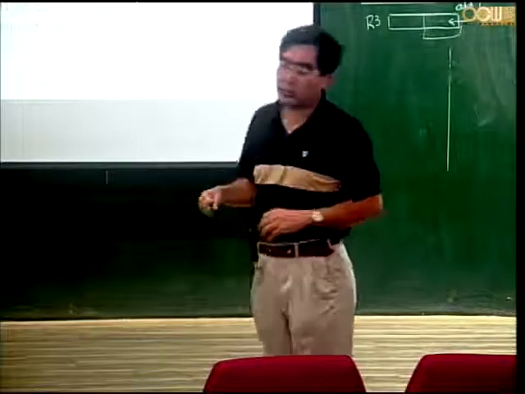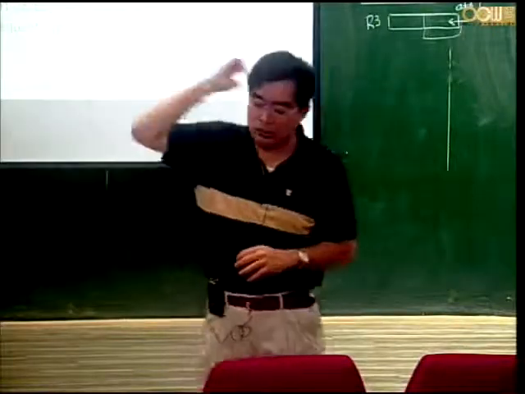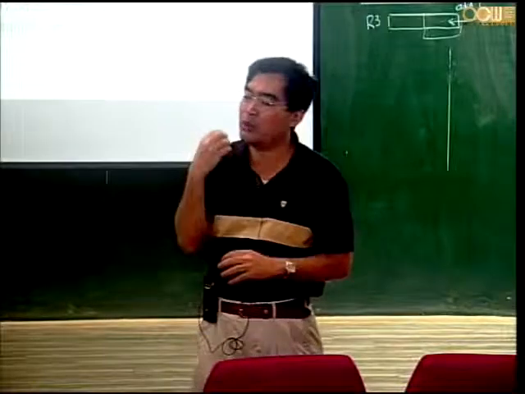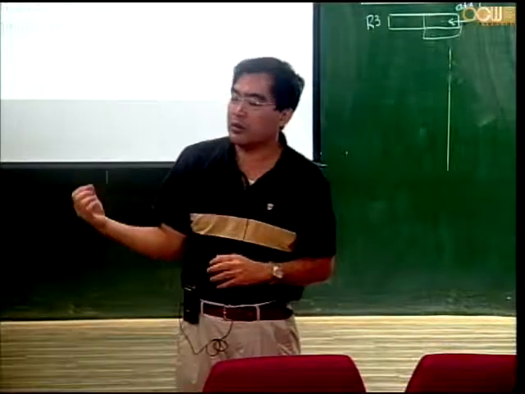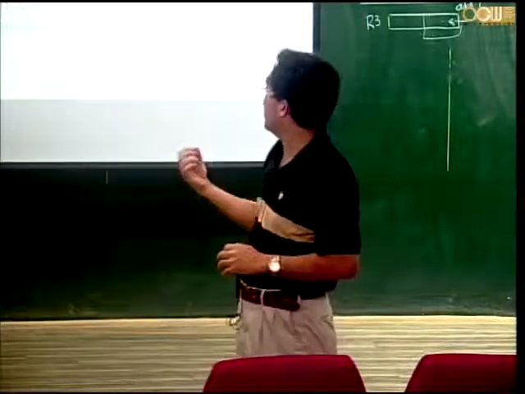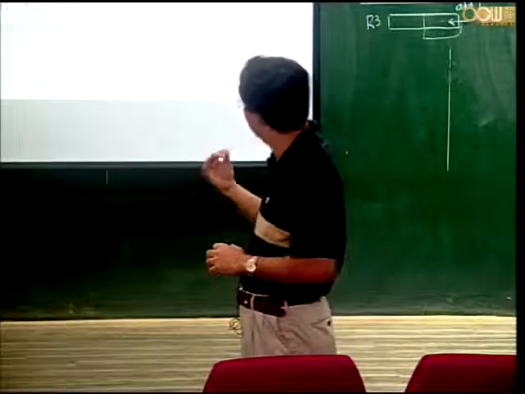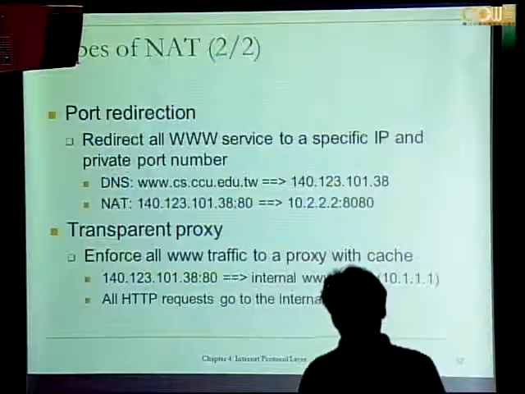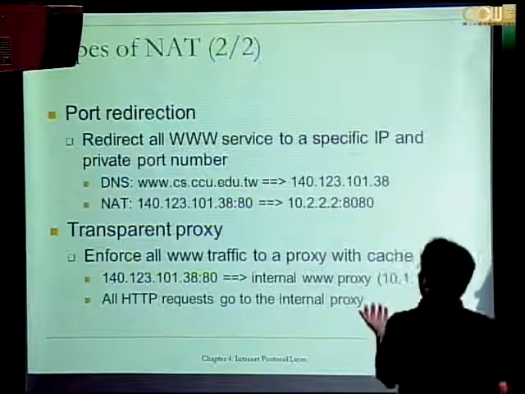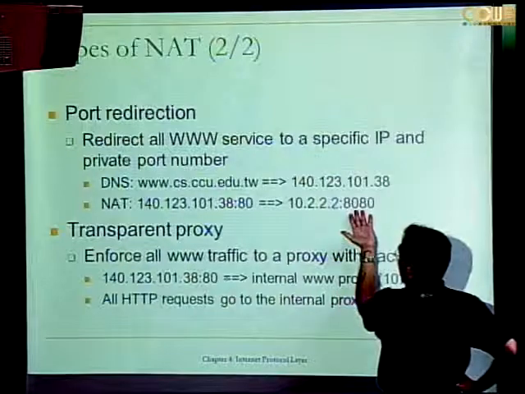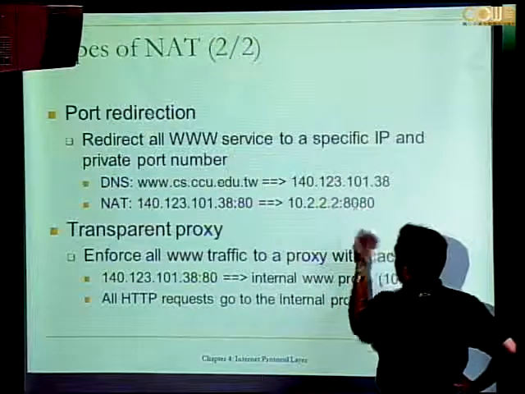So all the internet users who are accessing my web server would think that my IP address is 140.123.101.38, and my port number is 80. But in fact, as a web server, my IP address is this, and I'm running on top of this port number.